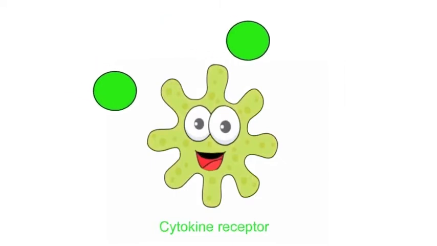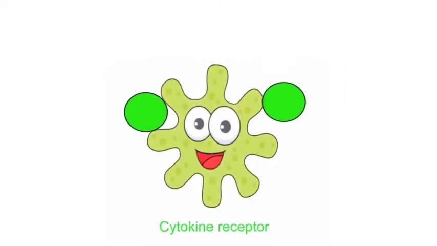Cytokines bind to specific receptors on the surface of other cells, known as cytokine receptors. Once these cytokines bind to specific receptors, it generates an internal signal. This signal alters the activity of the cell.